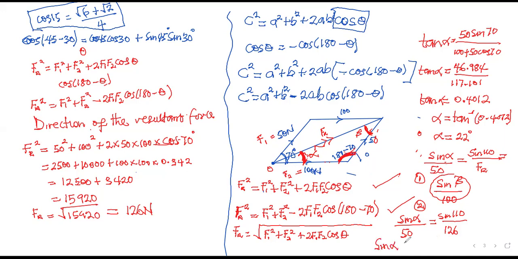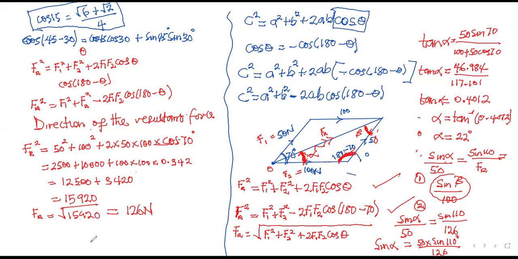So sine alpha therefore becomes 50 times sine 110 divided by 126. Class, calculate that for me quickly.